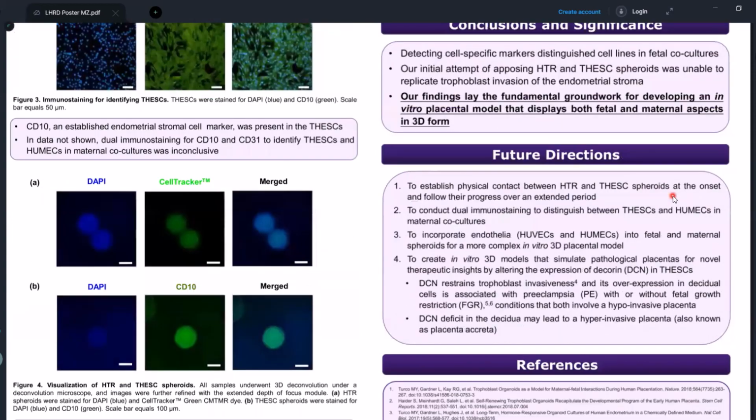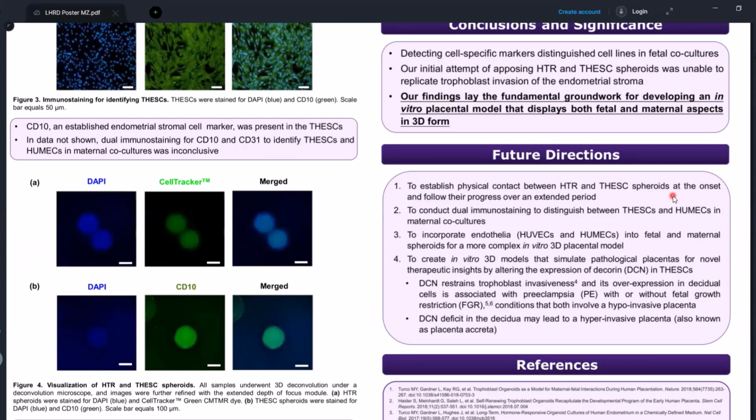While these techniques have potential, some next steps are needed to create a more comprehensive 3D in vitro placenta model. This includes establishing physical contact between HTR and T-HESC spheroids at the onset and following their progress over an extended period. A strategy for distinguishing between T-HESCs and HUMECs in maternal cultures requires further investigation.